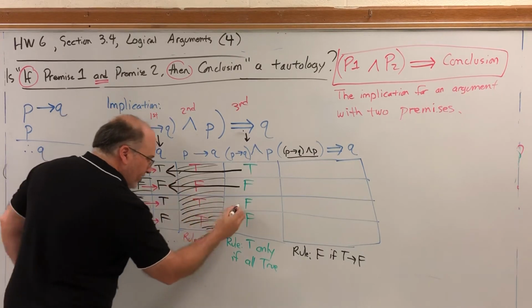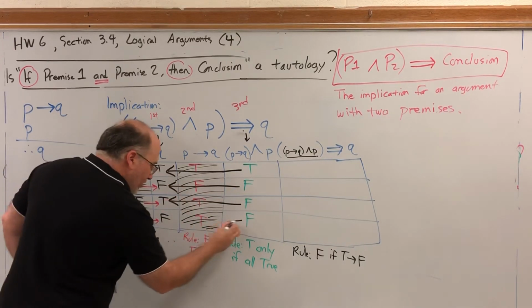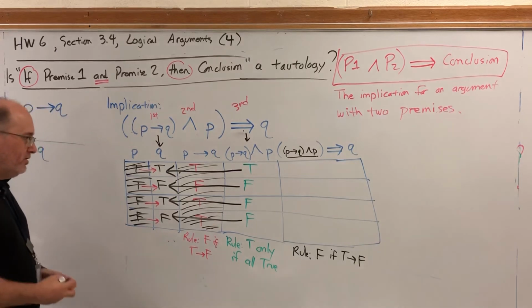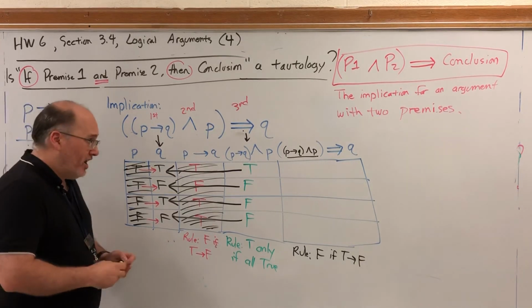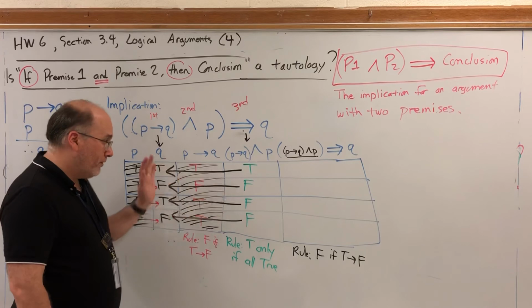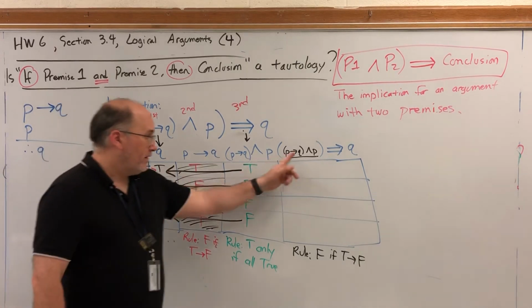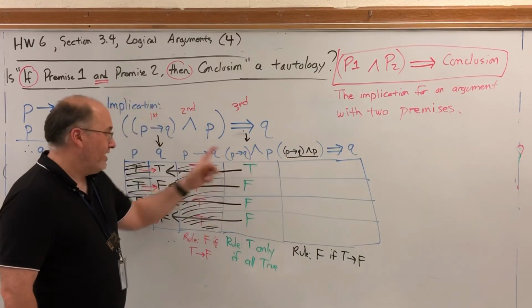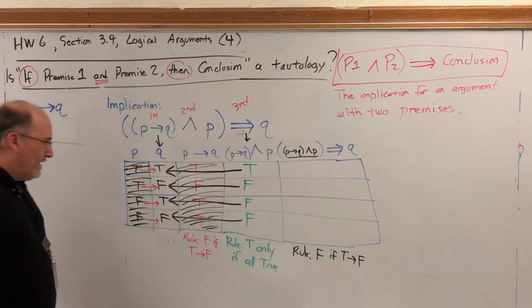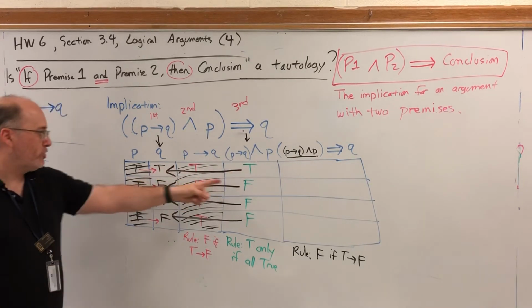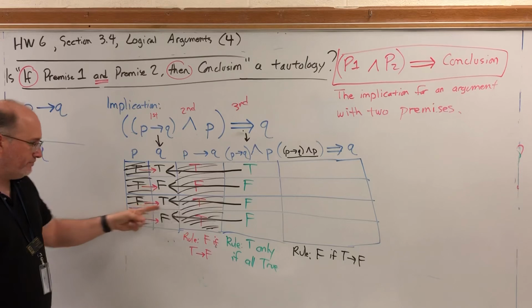You don't have to draw these arrows, but when the columns of the conditional are in the reverse order, right and left instead of left and right, I would highly recommend drawing the arrows to remind you the direction that you're looking.